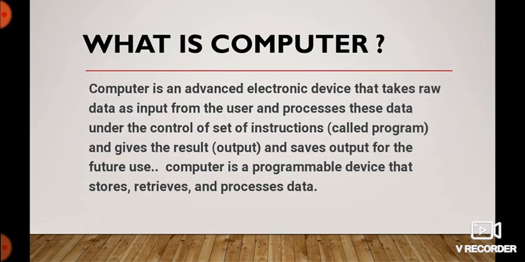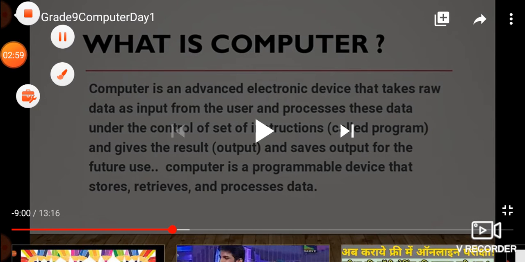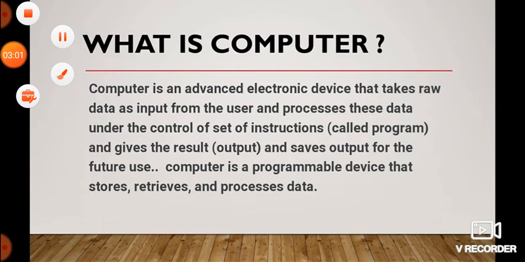So here I am talking about the IPO cycle. What is the meaning of the IPO cycle? The IPO cycle stands for input, processing and output cycle. Whenever a computer performs any task, first it takes input from the user, and as input it takes data and instructions.